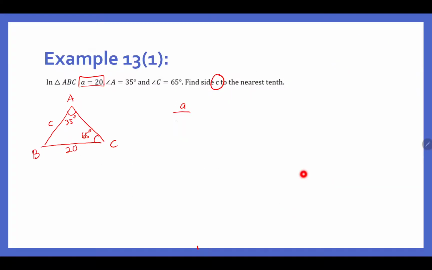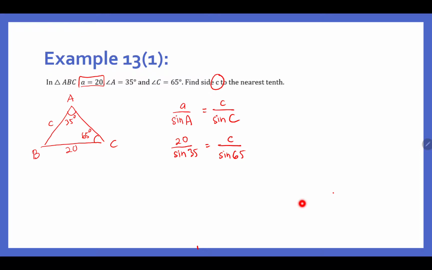Untuk yang ni, sebab kita ada angle A and side a, so kita buat a over sine A, over c over sine C. b tak payahlah sebab kita tak nak cari side b kan. So a equals 20 over sine 35 equals c over sine 65.